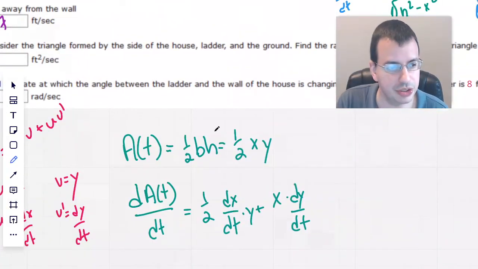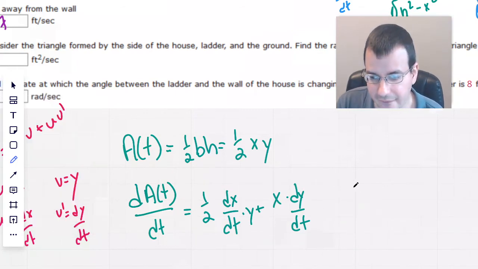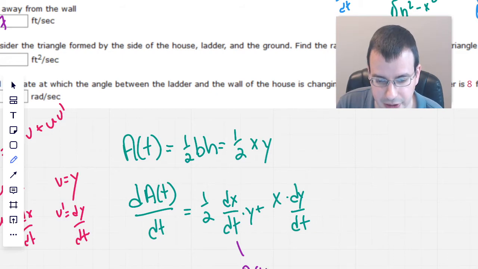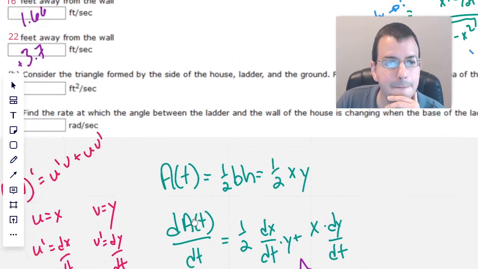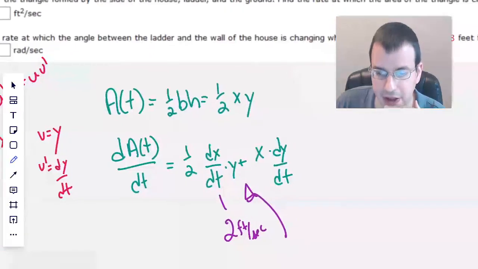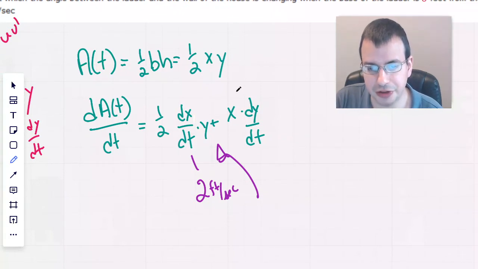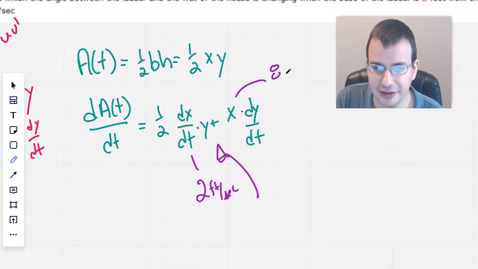So I'm going to say that dx/dt, this right here, is 2, that'll be feet per second. Y, that's how big the house is at that time, and we can find that using the Pythagorean theorem. Actually, I'm going to solve this one first. We know x is 8 feet.